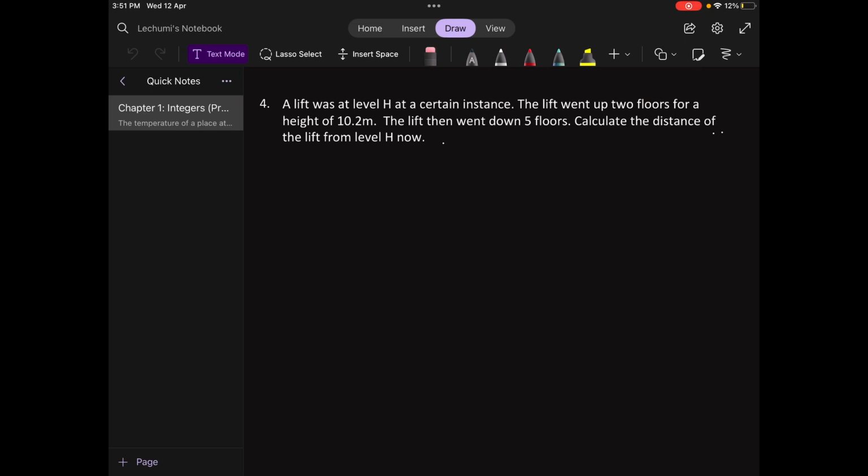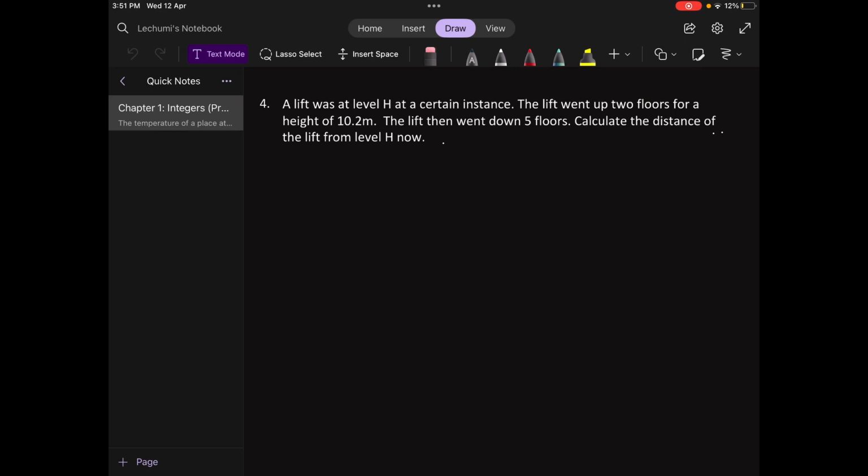So first we have to follow the LVD listing out. So to list out, level H at a certain instance. For this question, level H will be the sea level per se. For example, from past video, as I said, sea level will mark the position 0. Anything that goes up will be positive, then anything that goes down will be negative.